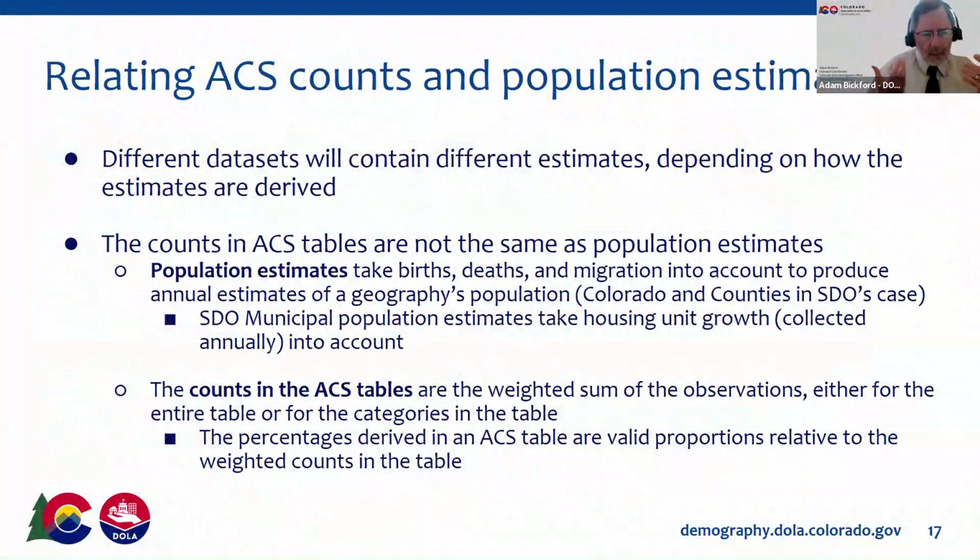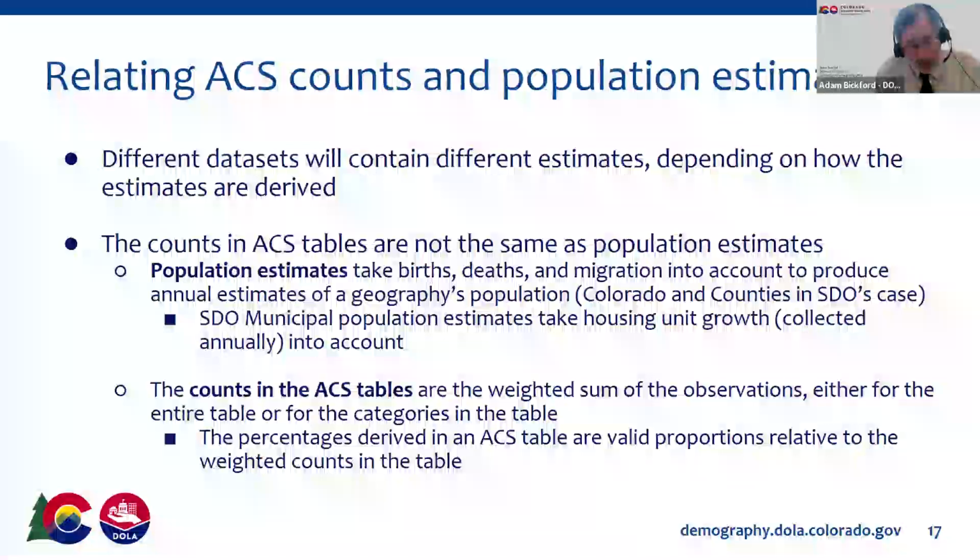So the ACS tables and the population estimates are completely different. Population estimates are generated using births and deaths and migration. When we look at the municipal population estimates, they also take into account housing growth. That will be different than the counts in the ACS tables because those counts are the weighted sum of the observations.